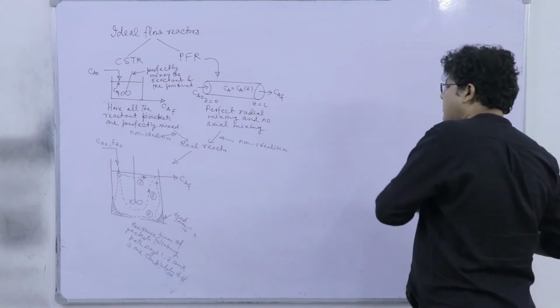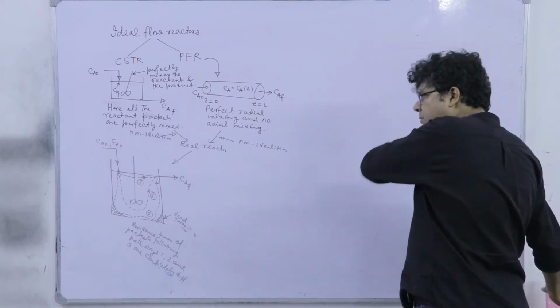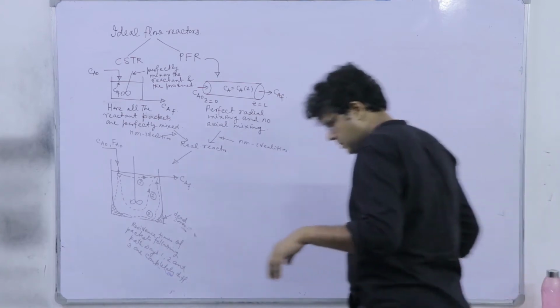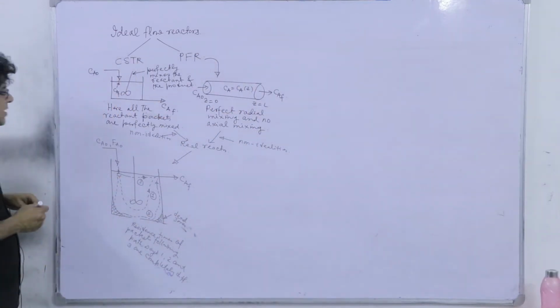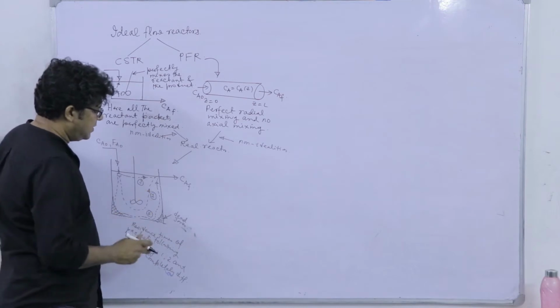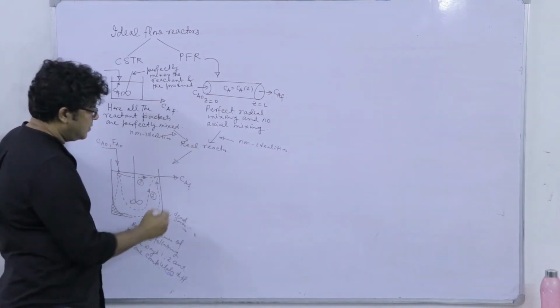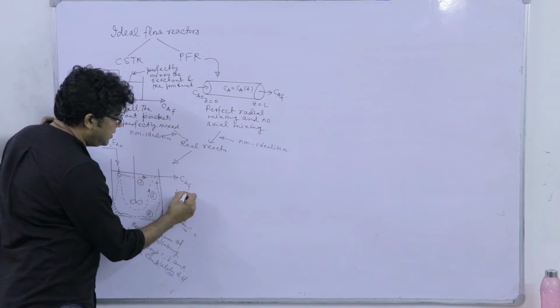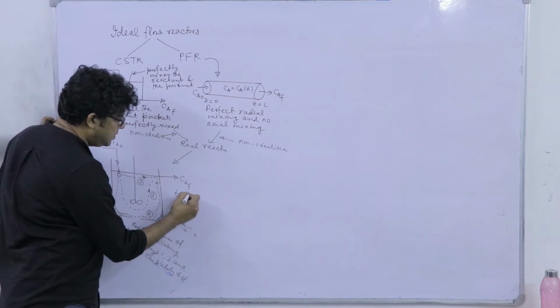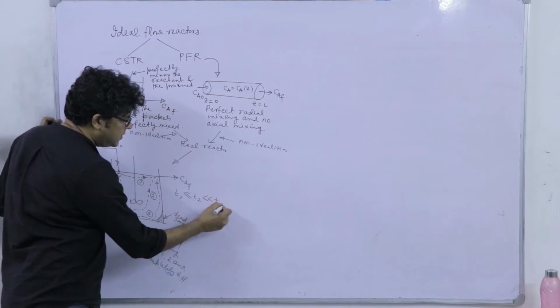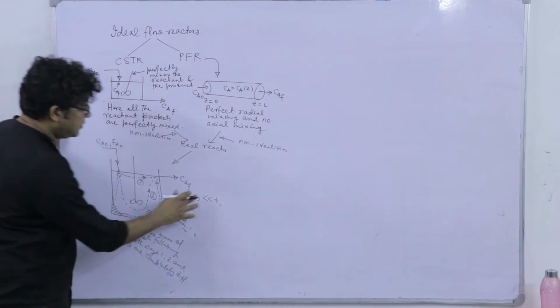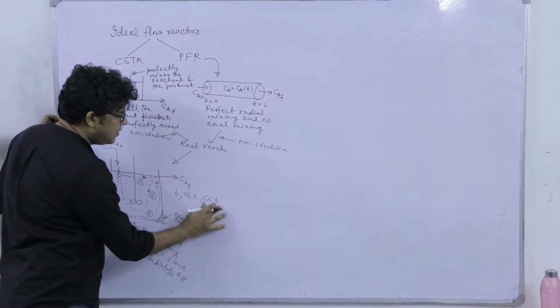We can understand a bit qualitatively that the residence time of 3 will be the least, 1 will be the intermediate and 2 will be the maximum. So T3 is much less than T1, which is also much less than T2.